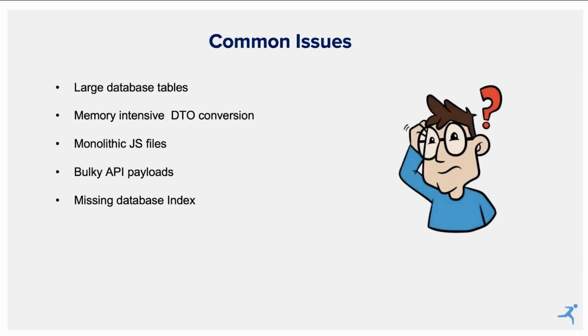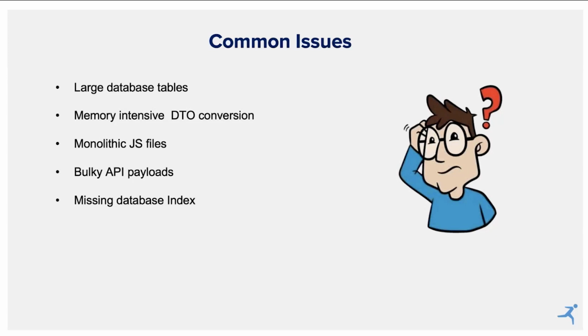The next thing we see is big or monolithic JS files. Most of the sites, if you look, have really big JS files. This means the initial load of the website will be higher and the client will need longer to render these files.